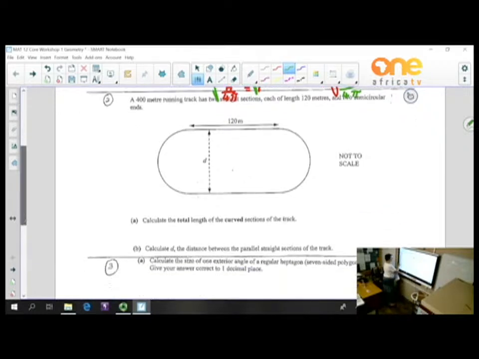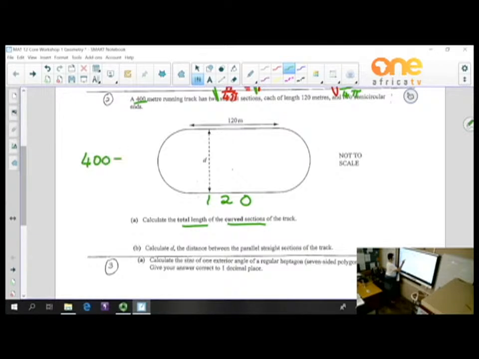Right, question 2. There's a running track, with straight sections each of length 120, and then 2 circular ends. Now, the first one is calculate the total length of the curved sections of the track. It is a 400-meter track, so then it's 400 minus twice 120.